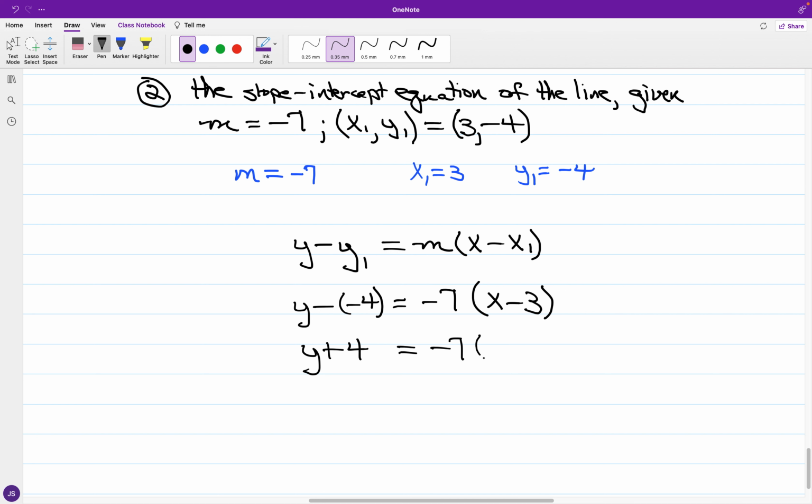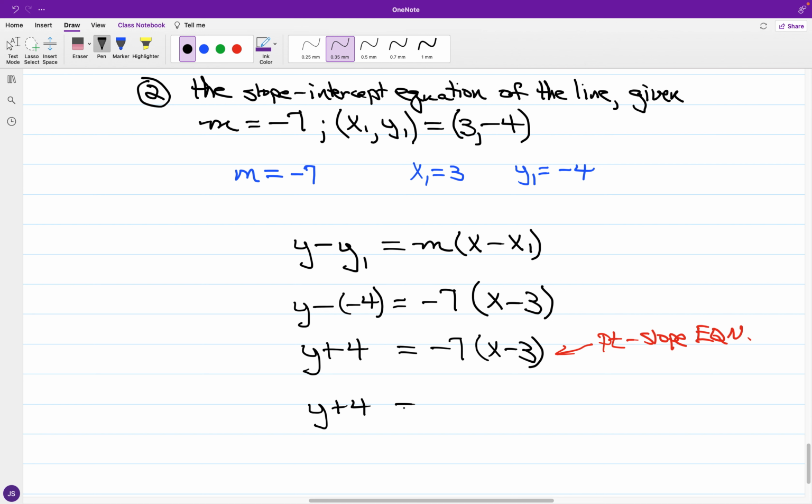And I'll distribute on the right in the next step. At this juncture, this is going to be the point-slope equation. Now we're looking for the slope-intercept equation, so I'm going to isolate y.